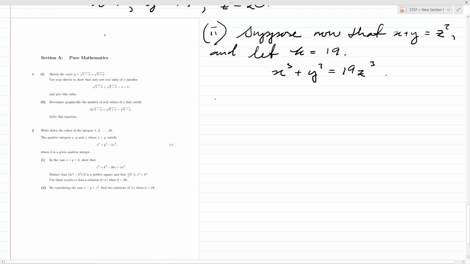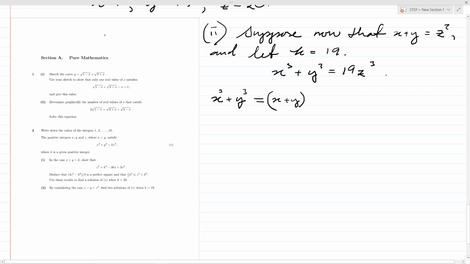So maybe we should just write out the factorization of x cubed plus y cubed. Now, what do we know? We know that if x equals minus y, then this will be 0. So x plus y is a factor.